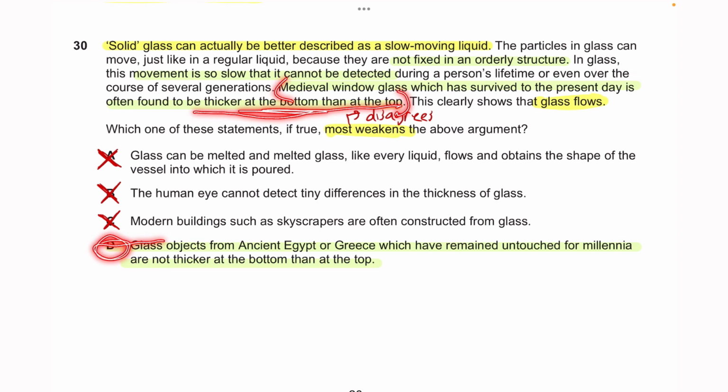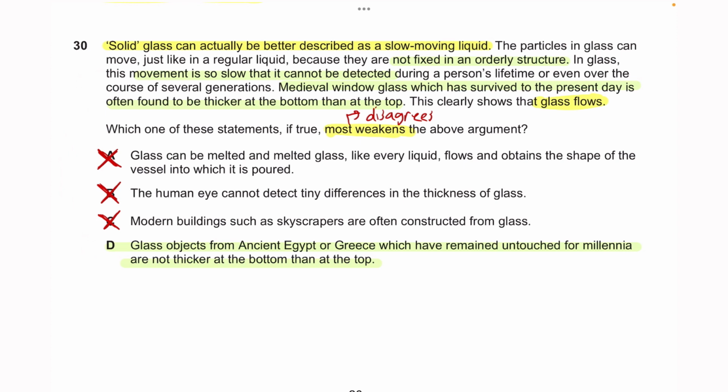But they're showing to us that in ancient Egypt or Greece, which was a very similar time period or even before then, it is not thicker at the bottom than at the top. And so this is direct evidence proving why glass is not a slow-moving liquid. Therefore, our answer to question 30 is D.